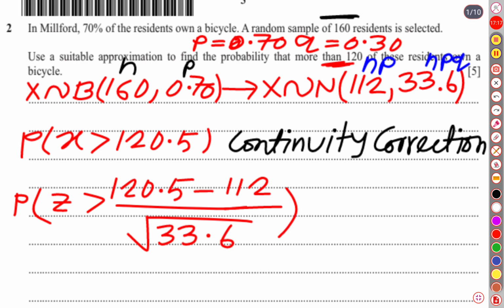Now using our calculator, we get the probability of z greater than 1.466.